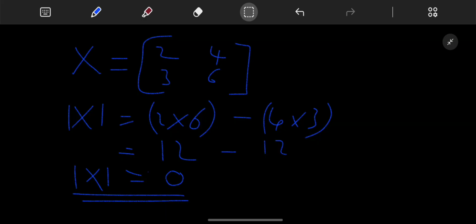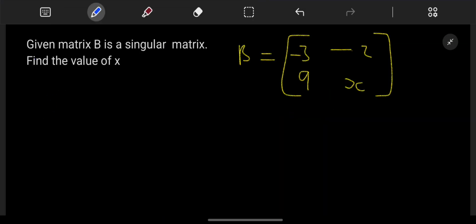Now moving on to another example. In this example, it says, given that matrix B is a singular matrix, find the value of x. We're given matrix B, and it has minus 3, minus 2, 9, and x. And remember, the determinant for matrix B is supposed to be equal to 0.